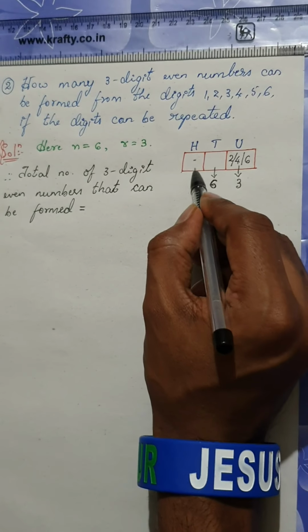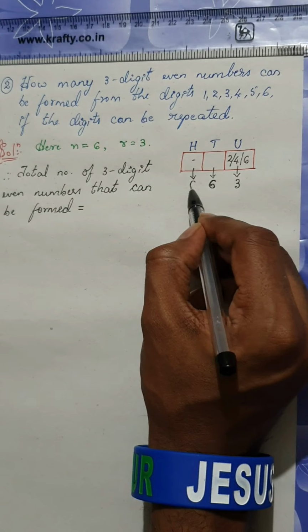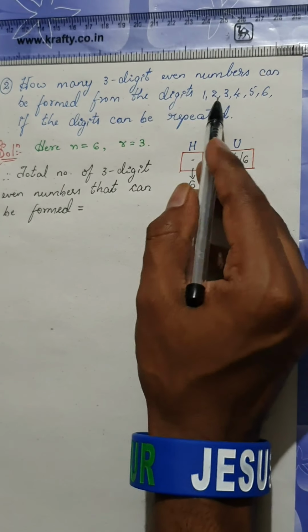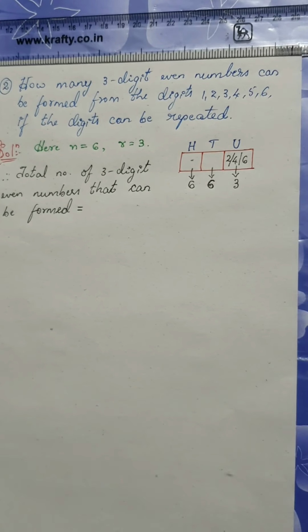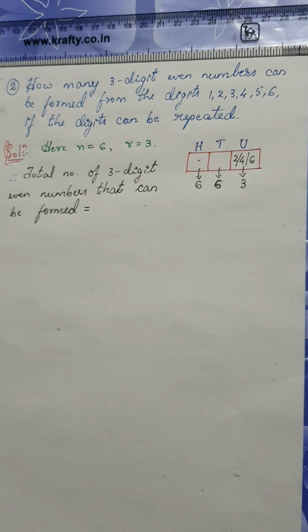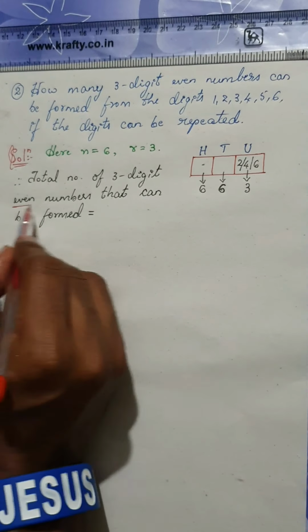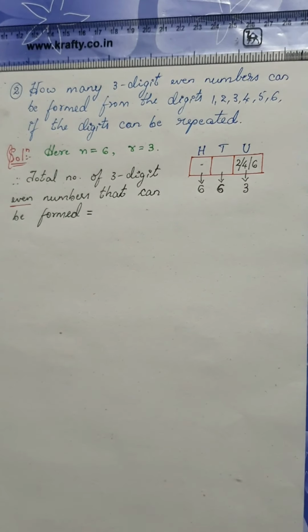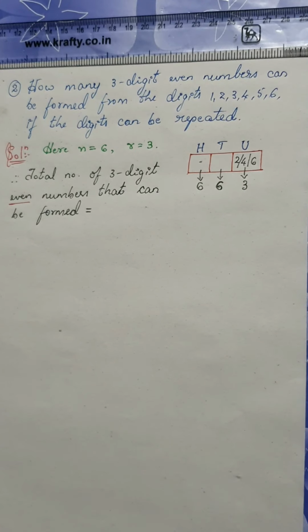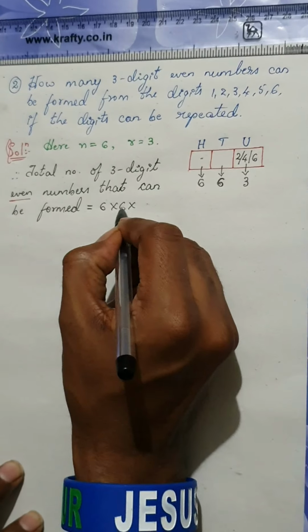In the same way, for the hundreds place there are no restrictions; any of the 6 numbers can take the hundreds place. So the total number of 3-digit even numbers that can be formed is given by 6 into 6 into 3.